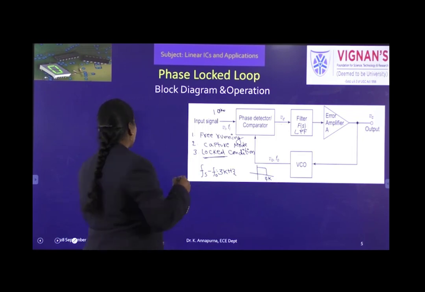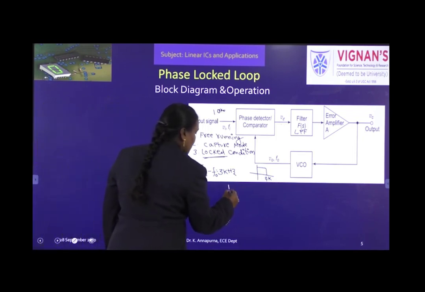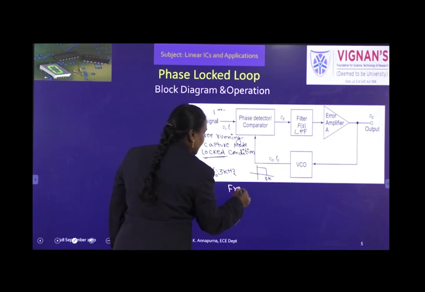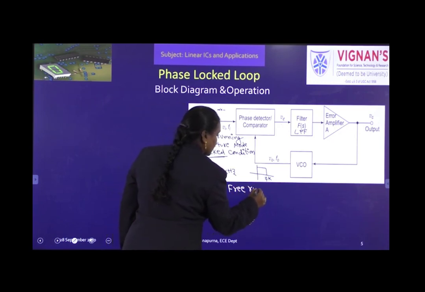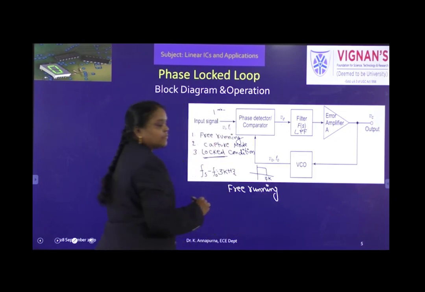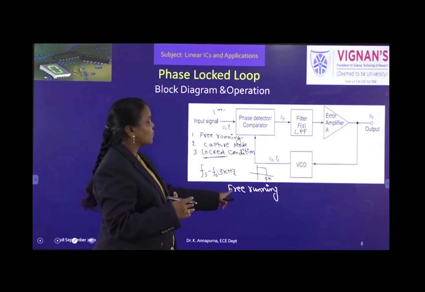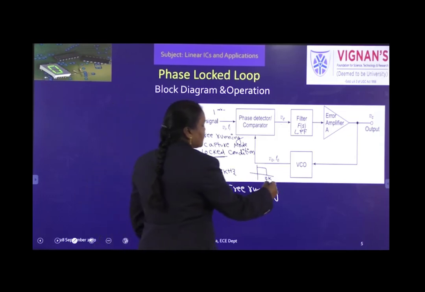Okay, here, the first one is free running. That is, when there is no input signal, the VCO output frequency is generated on its own, and it is said to be in free running mode.